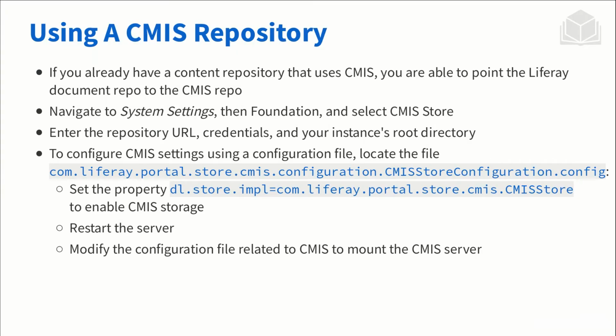For CMIS you'll have to configure which CMIS system you have, where the URL is. I'm not sure if there's a username, password or something like that. Some credentials should probably be there. And then you'll have to enable it with, again, the same configuration value, dl.store.impl. And restart, and Liferay DXP will happily store all of the binary data in the store that you have configured.